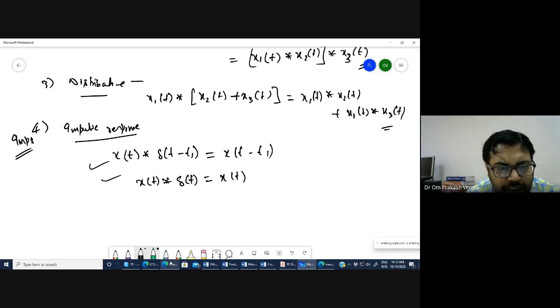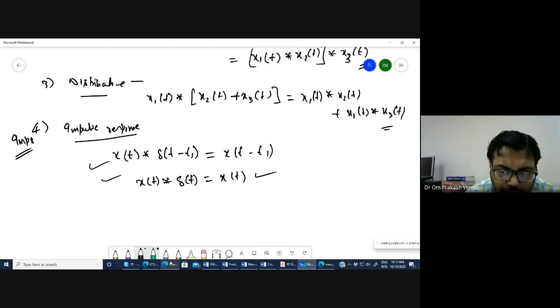We have already seen this in the integral. Just to apply the formulation we have said earlier, convert x(t) to x(tau), convert delta(t minus tau), multiply and take the integral, you will get the same x(t). We already have seen.